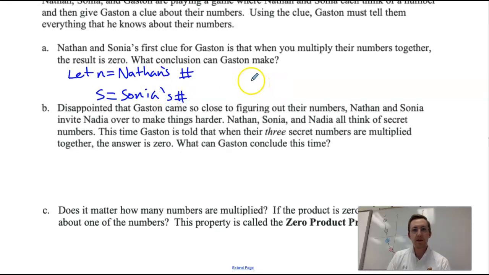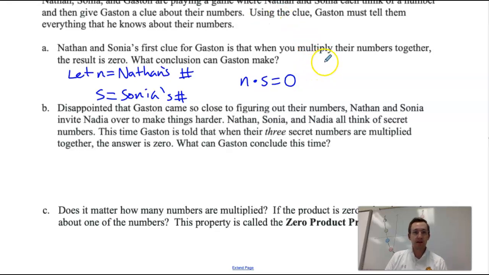So we know that n times s is equal to 0. If we have these two numbers multiplied together and they equal 0, what conclusion can we make from that? We know any number times 0 is equal to 0. So that means whatever n is, whatever s is, if they multiply together to equal 0, one of those two numbers has to be 0.